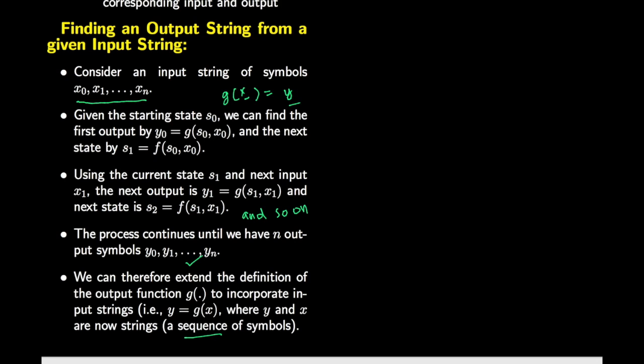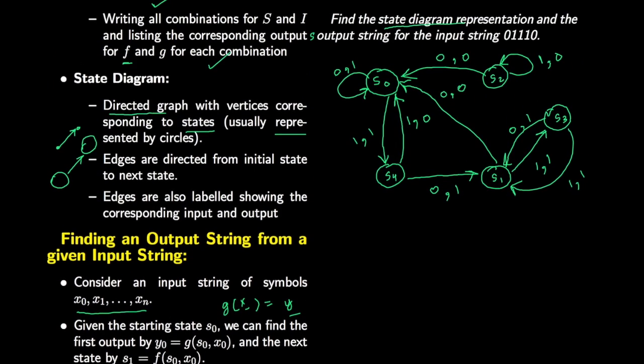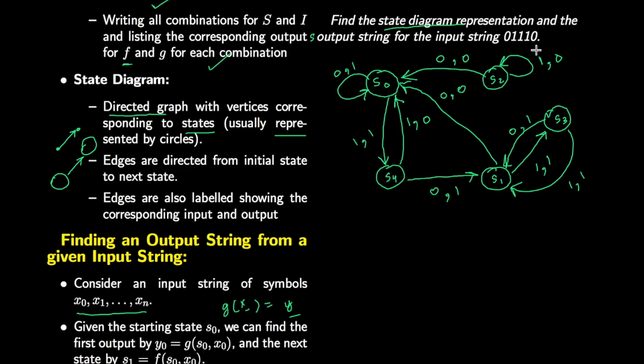Okay, now let's do that. If we have an input string 0, 1, 1, 1, 0, this is my input, and now I want to find the output. My starting state is S0.